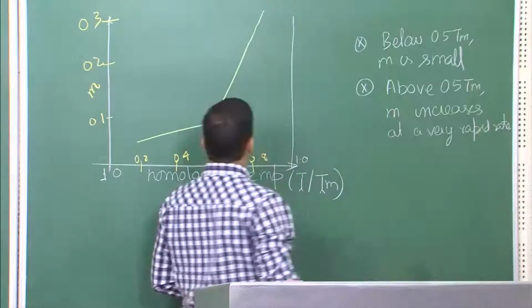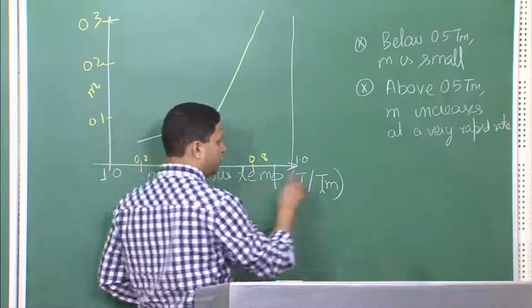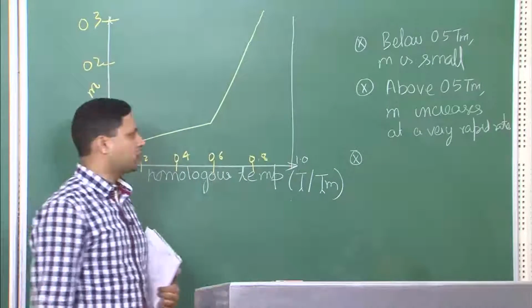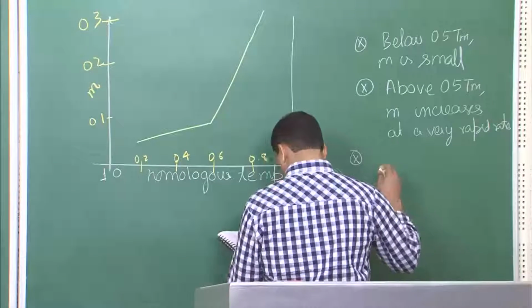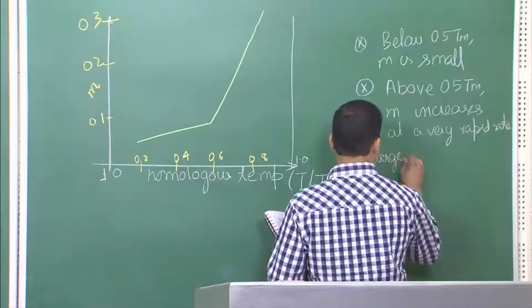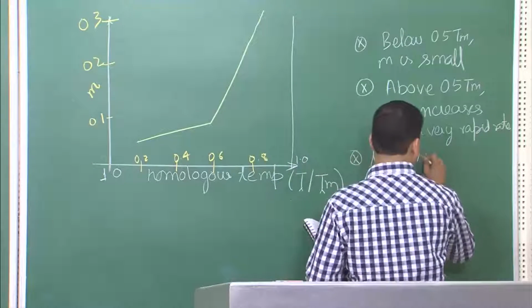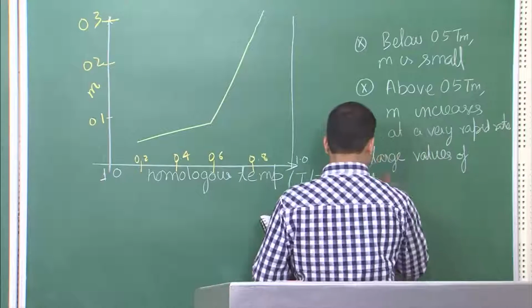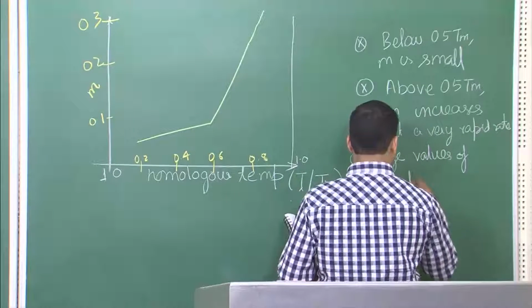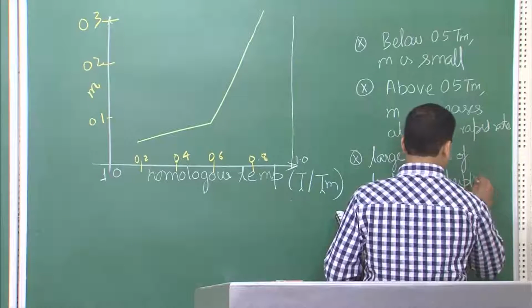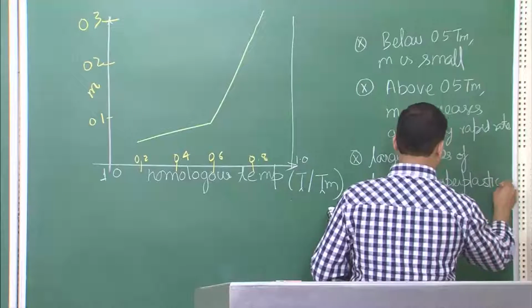And okay, another thing I will add over here: you might have heard about superplasticity. Now, superplasticity is related to m value. Large values of m, something like 0.5, lead to superplastic behavior.